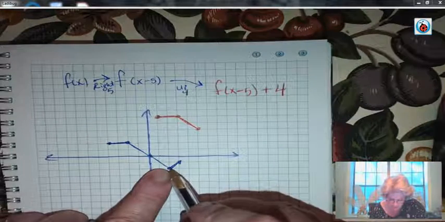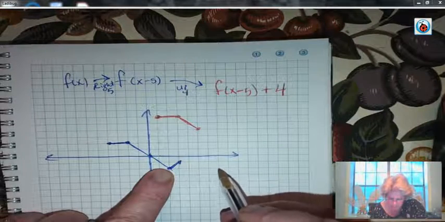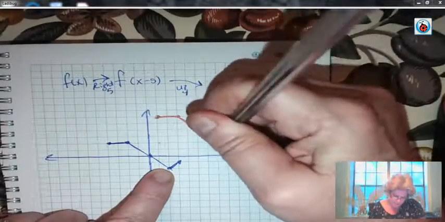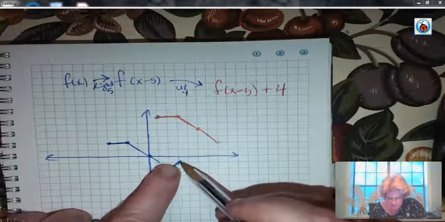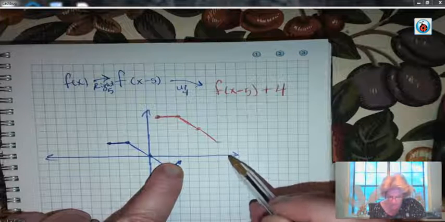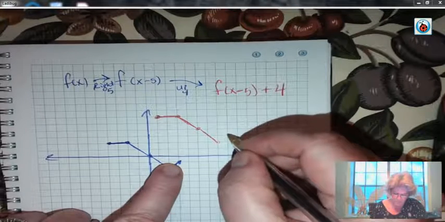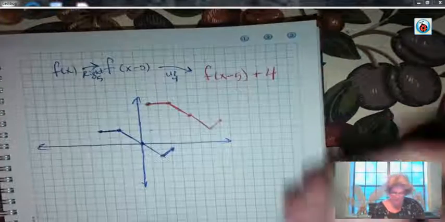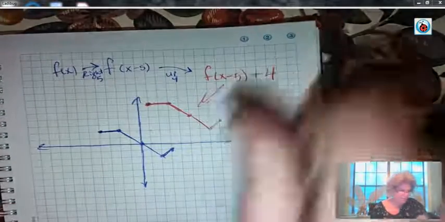Right 5 and up 4. And then this one will go right 5 and up 4. Okay. So that's going to be this one here.